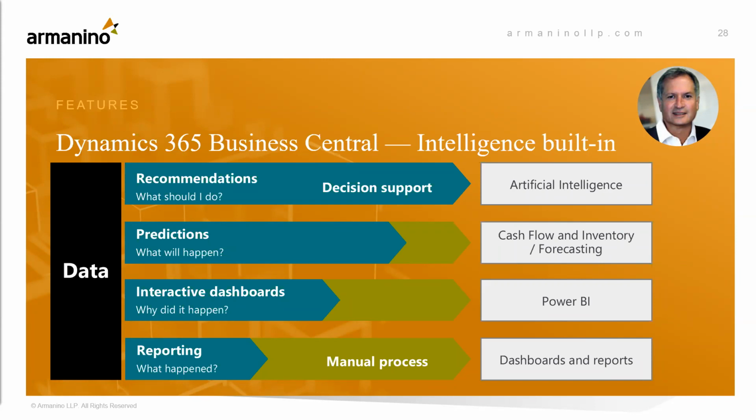One thing Microsoft is doing with Business Central is some kind of neat things. They're starting to put artificial intelligence into the system a little bit. They actually have some artificial intelligence that's doing quick sales planning or sales forecasting.